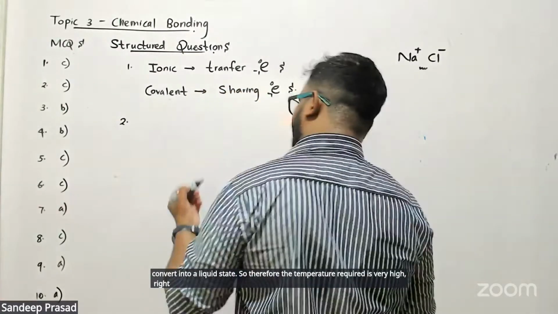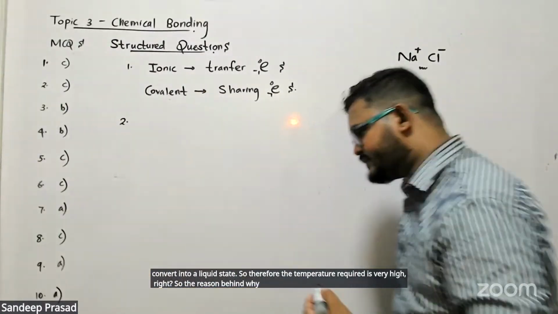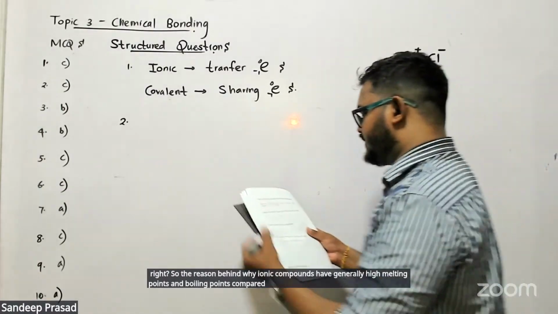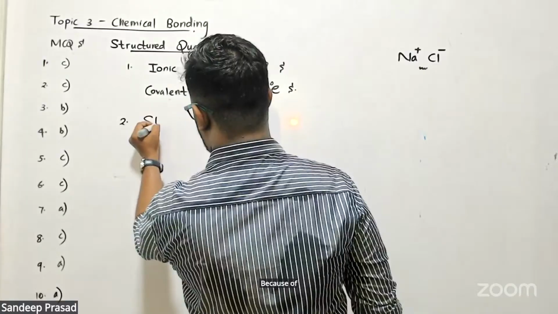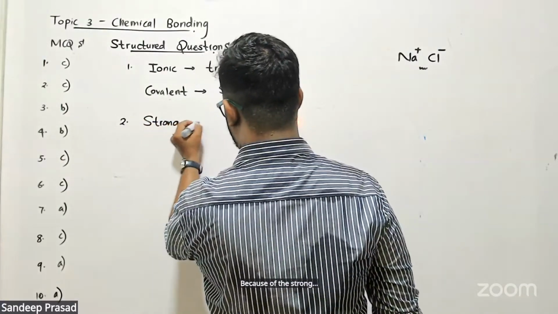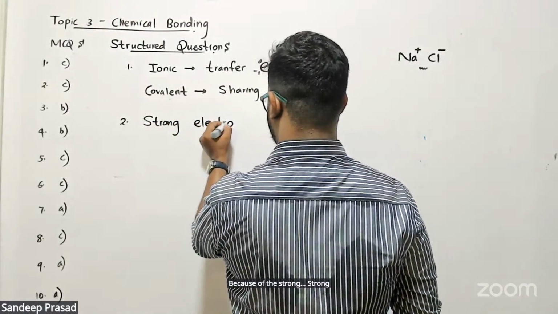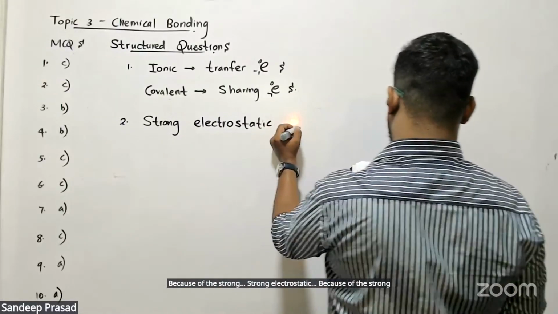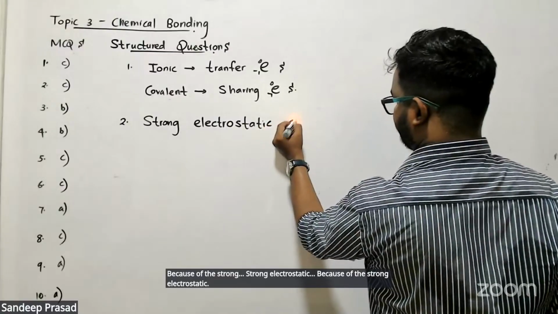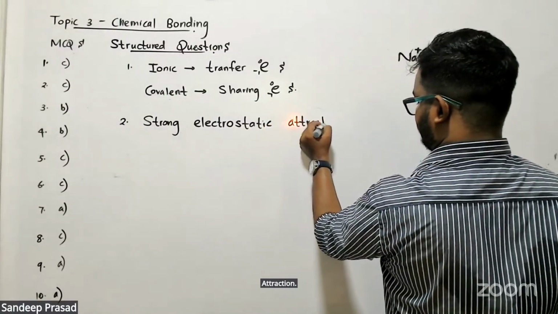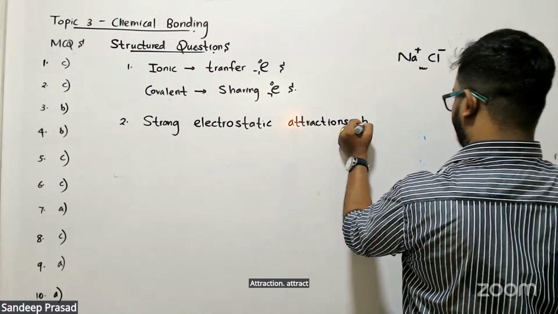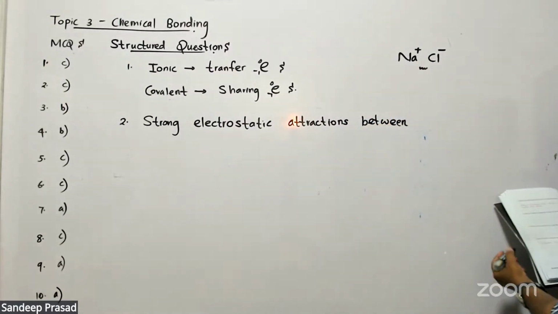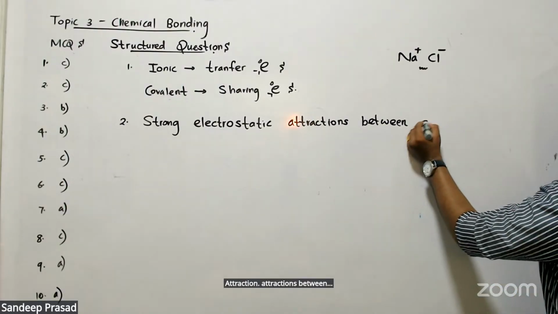So the reason why ionic compounds generally have high melting points and boiling points compared to the covalent bonds is because of the strong electrostatic attractions between cations and anions.